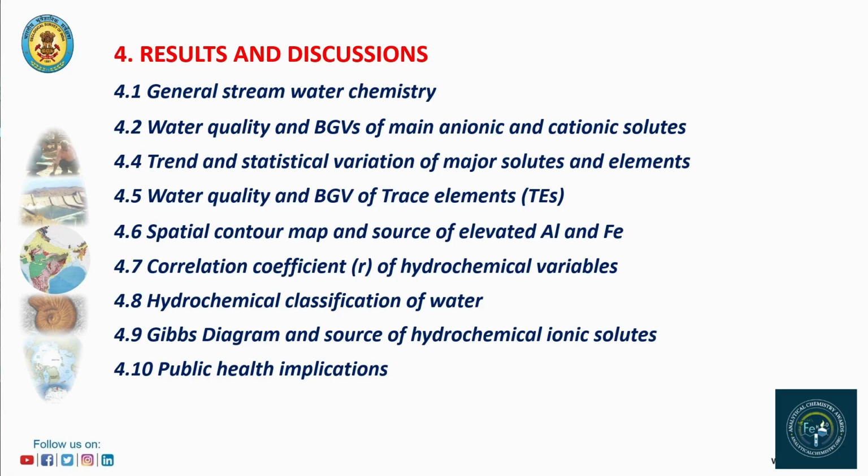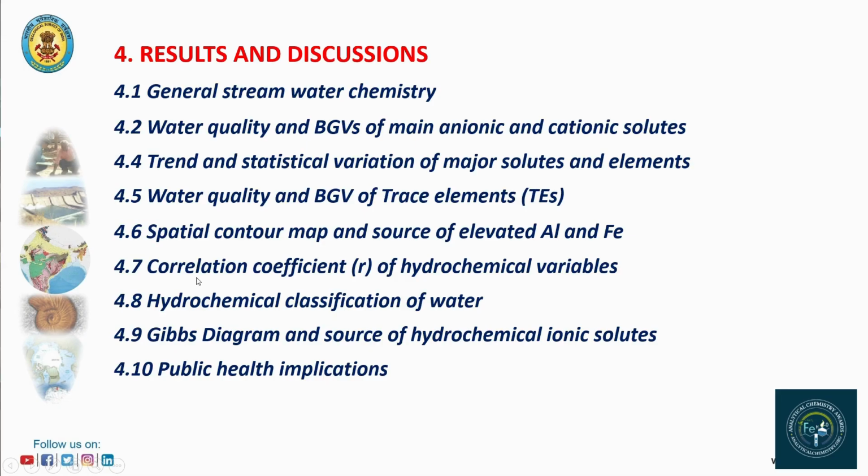And then we have results and discussions. In this section, we will cover the general stream water chemistry, water quality, and background values of the main anionic and cationic solutes, trend and statistical variation of the major solutes and elements, water quality and background values of the trace elements, spatial contour maps, and source of the elevated aluminum and iron.